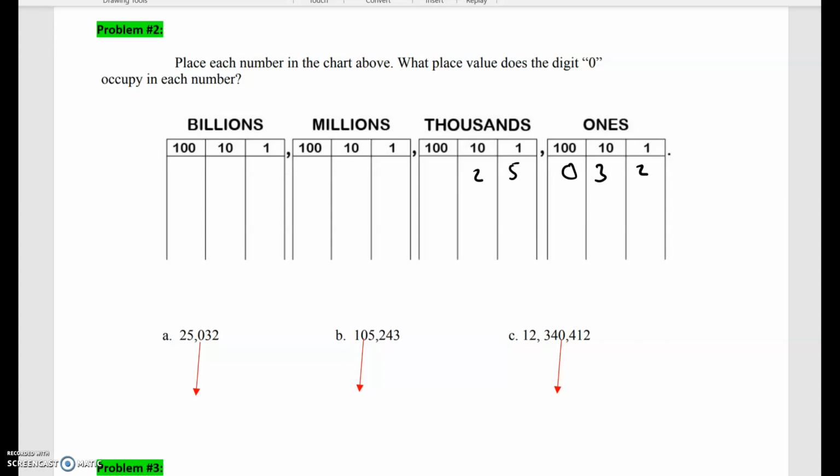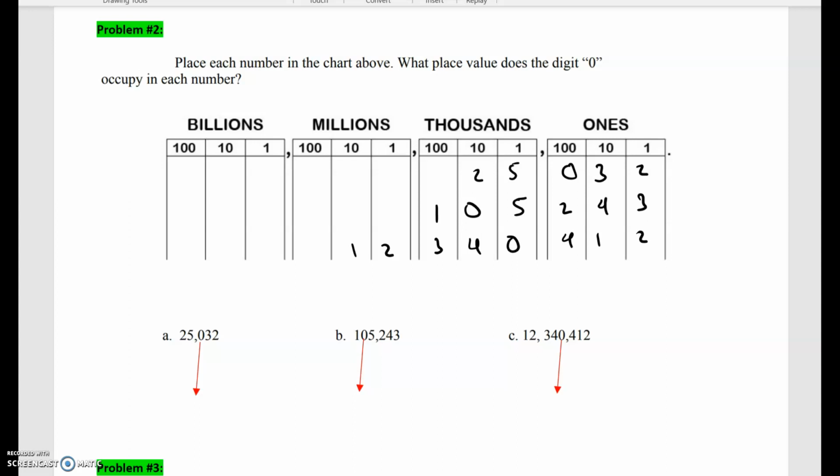Let me fill in the second one: this will be the 2, 4, 3, and then the 1, 0, 5. Last one, this will be 4, 12, 3, 40, and then the values of the 12. They just want us to fill out the chart.